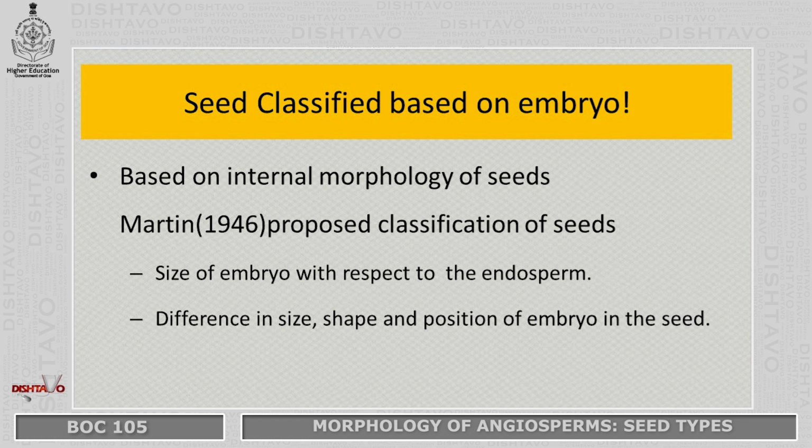Based on the internal morphology of seed, Martin in 1946 did a study on 1287 genera of angiosperms, and he proposed a classification of seed based on the size of the embryo with respect to the endosperm, and secondly the differences in size, shape and position of the embryo inside the seed.